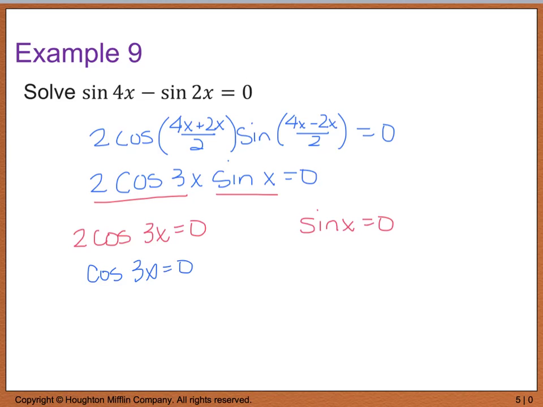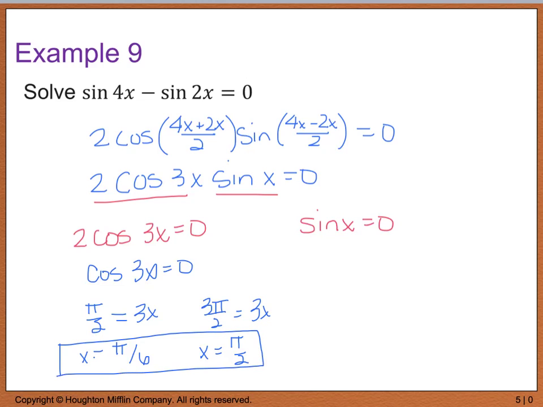Well, cosine of x equals 0 when we're looking at pi over 2. So that's going to equal 3x. Or 3 pi over 2, which is also equal to 3x. So when we divide by 3, we have x equals pi over 6. Or x equals 3 pi over 6, which is just pi over 2. So these right here are two of my solutions.